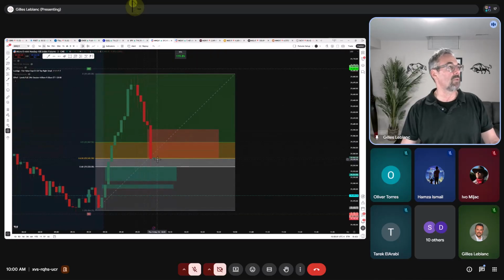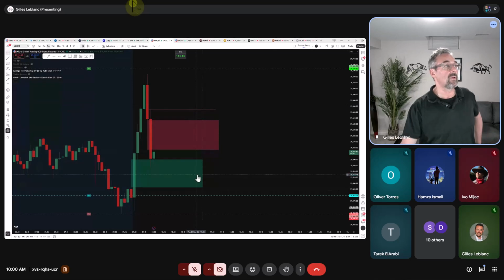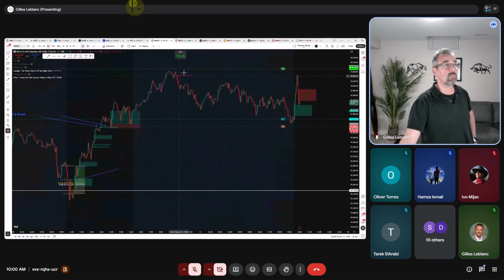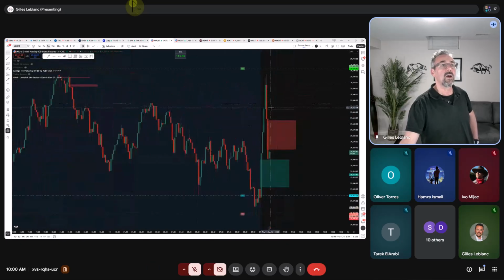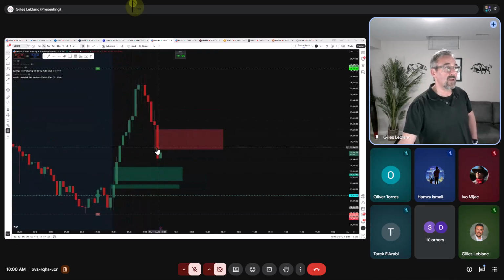If it closes below the 61.8, which on the 2-minute time frame it just did, on the 5-minute as well, it closed right below. I no longer like this setup. And that's what I was saying this morning on MNQ. It does not seem to be respecting the fibs.